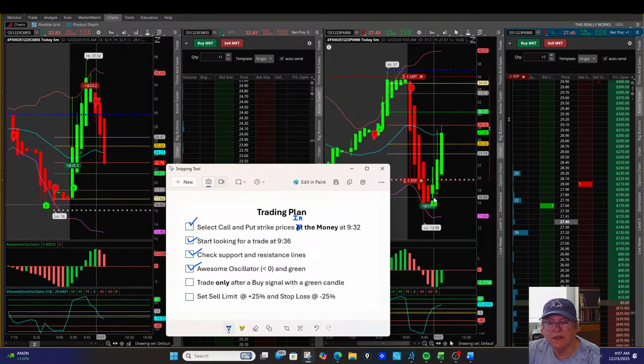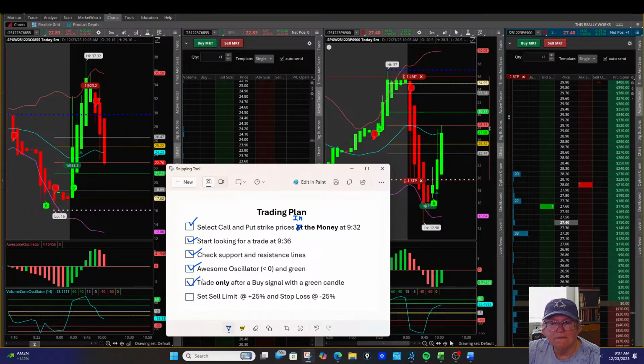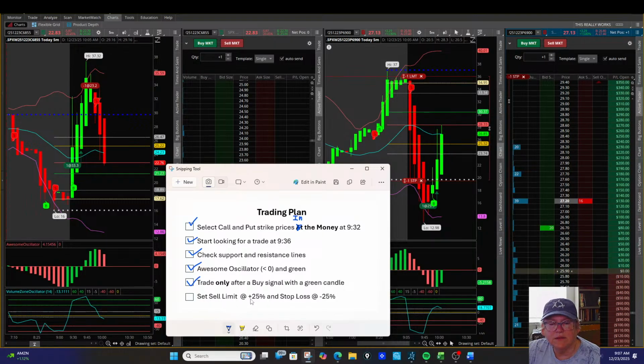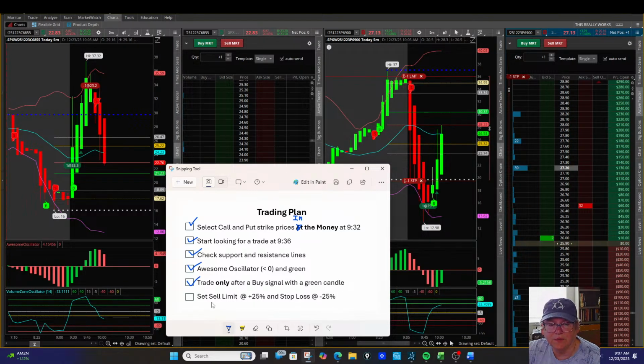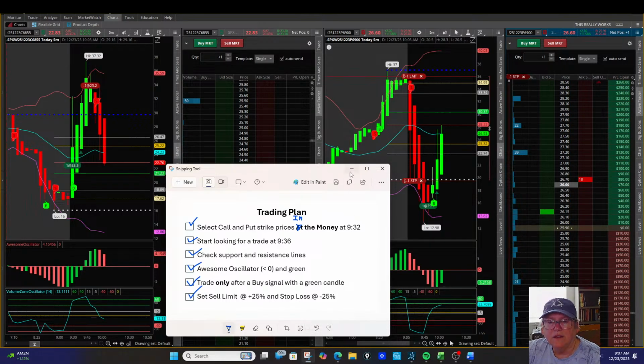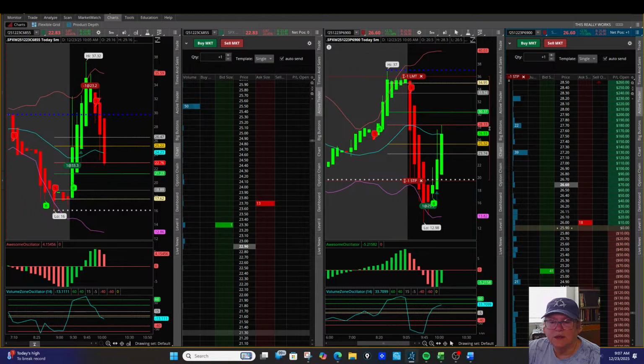Yeah, right there. Buy signal, green candle. I set the sell limit for 25% above and a stop loss at 25% below. So we checked all of the boxes. Now we're just waiting to see what happens.